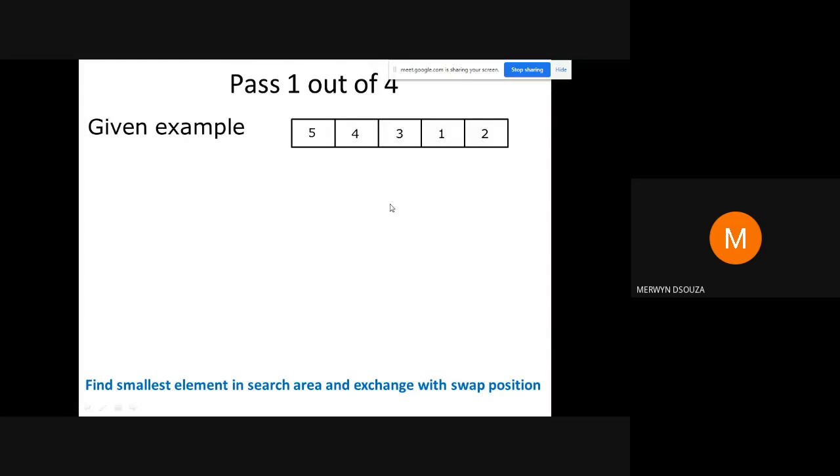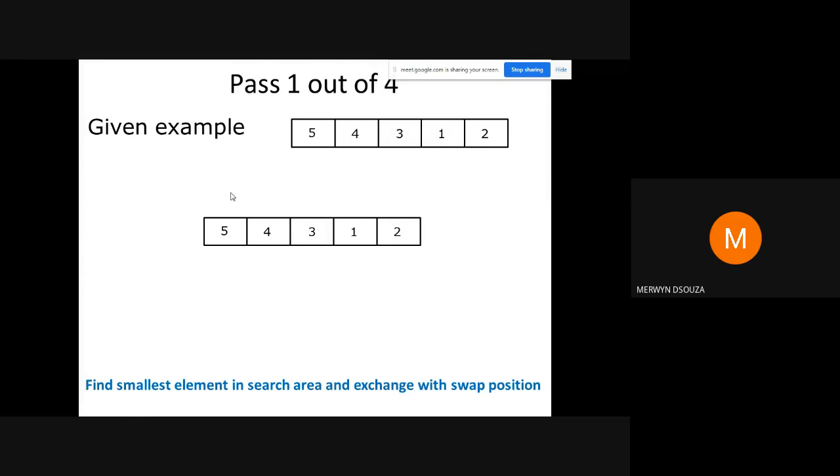So this is your array. We are starting with the first pass. What you have to do is first identify the search area. In the first pass, your search area is the full array.